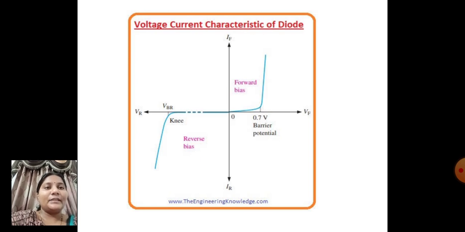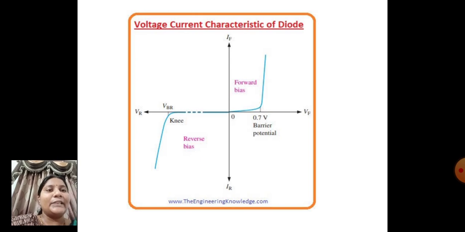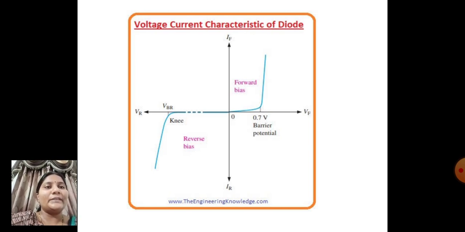Now, what happens when the voltage is increased from 0 to a particular value? Initially, the forward voltage VF is 0, and no current conducts. When this voltage goes from 0, 0.1, 0.3 up to 0.7, and here the material used is silicon, that's why we indicate 0.7 as the knee voltage, the majority charge carriers start crossing the PN junction and current conducts.